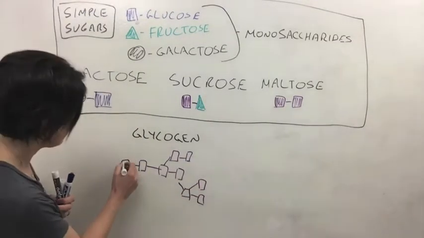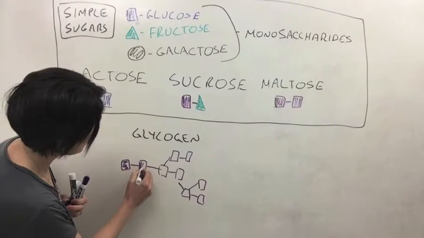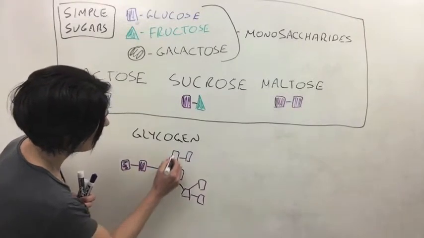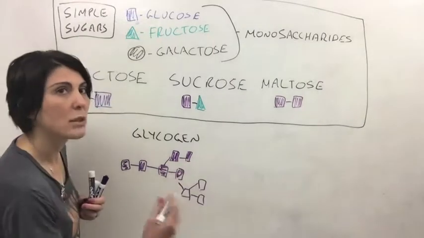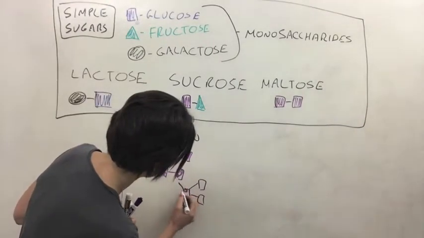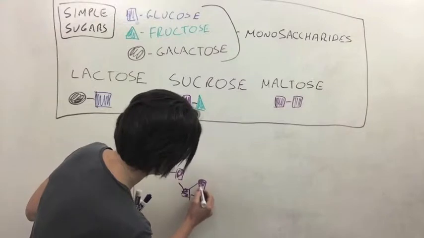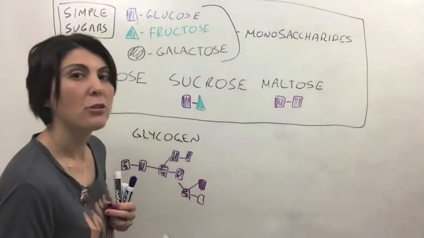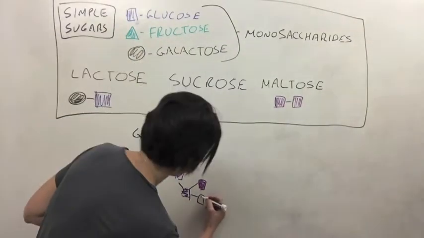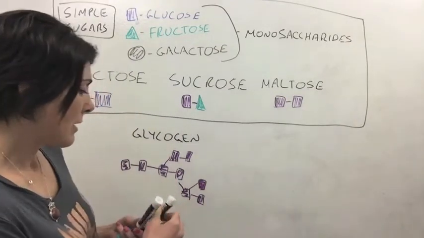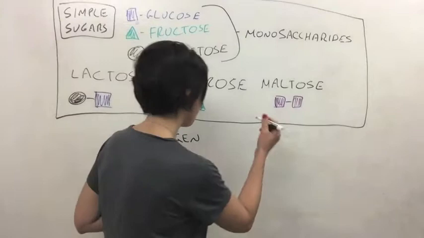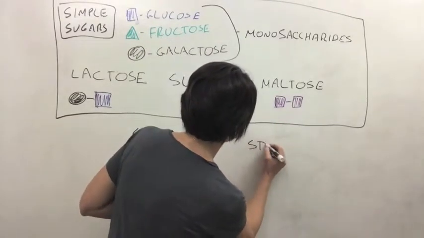This is quite bulky, and you can only store so much because it takes up a lot of room, because it keeps water within your body as well. Fat, for example, takes up a lot less room to store. It's much more concise. Glycogen, and then we have starch.